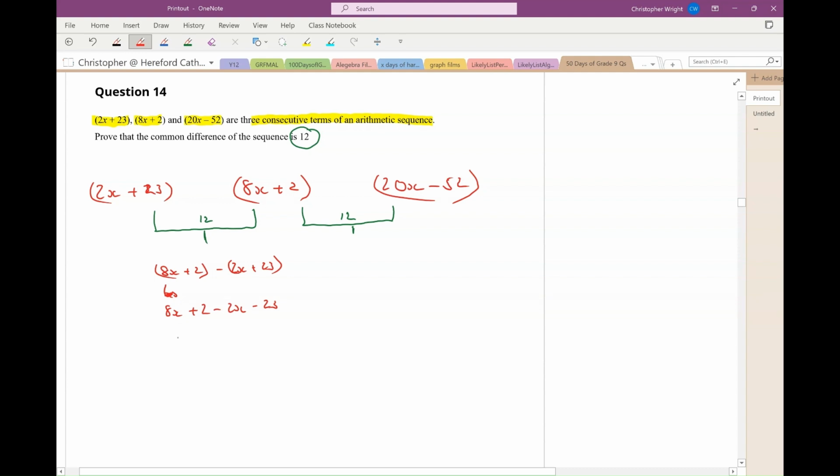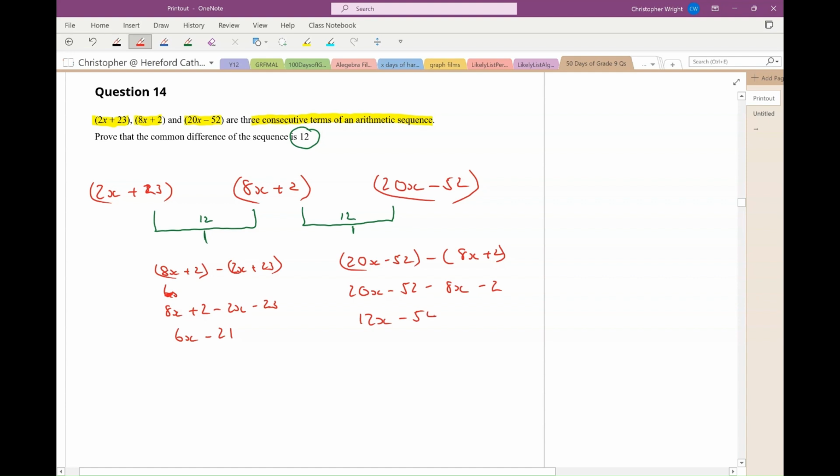So that is 6x minus 21. That's the difference between those two terms.